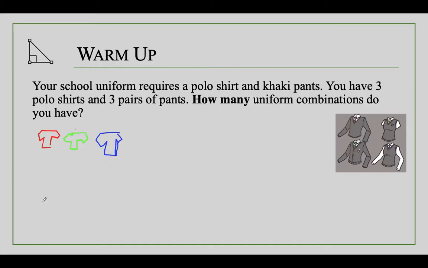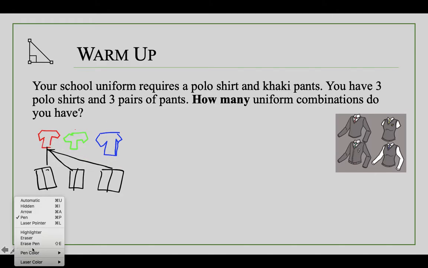And then we have 3 pairs of pants. We can keep those all the same color. 1, 2, 3. So when you draw a picture, it's nice because then you'll say, okay, I can put this red shirt with this one, and this one. And then I'm going to change up the color.